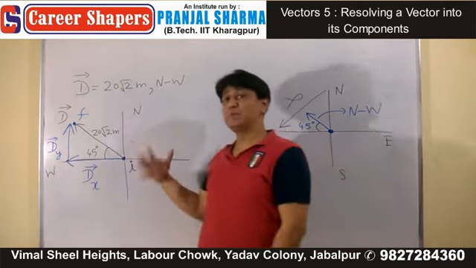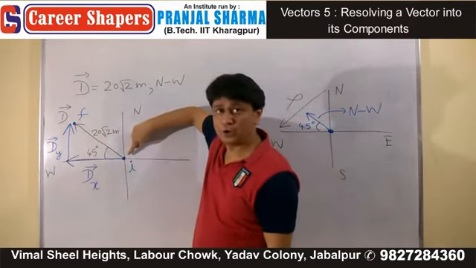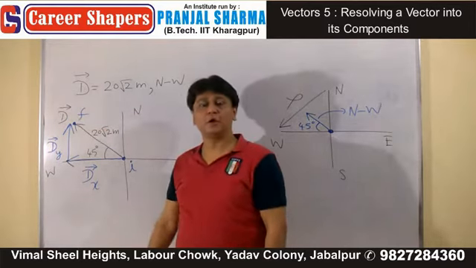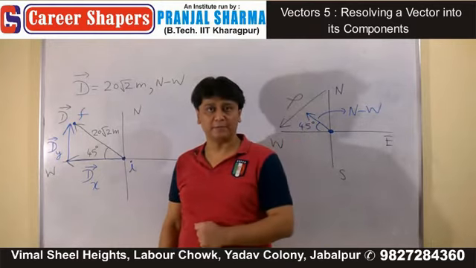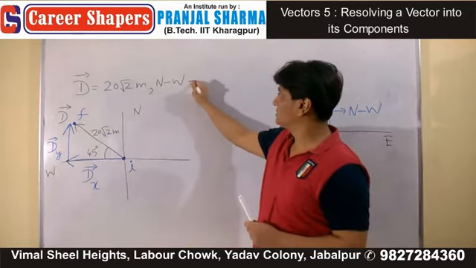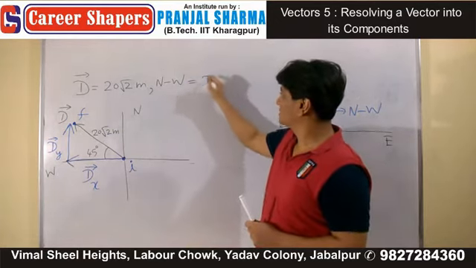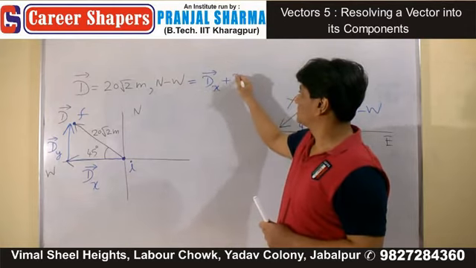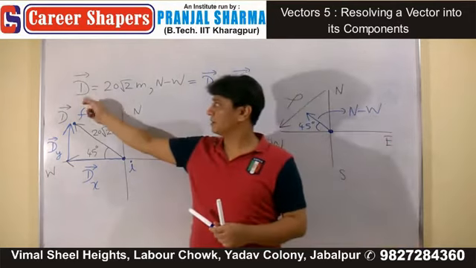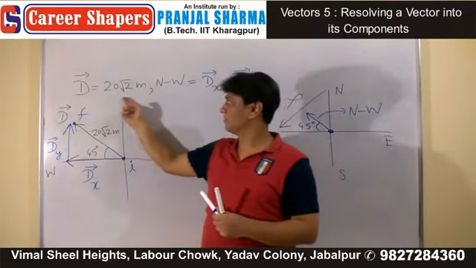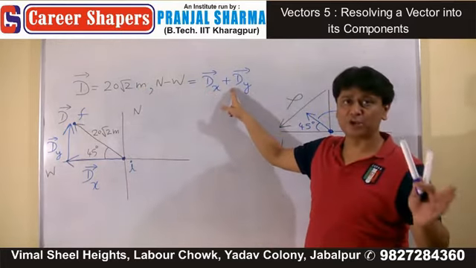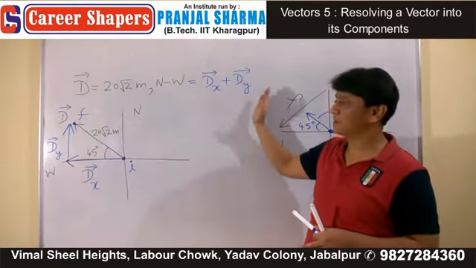That means if you follow the black path or the blue path, your destination is the same. Therefore, this D is the same as dx plus dy. Either give the command D in this form or break the command into two mutually perpendicular directions, dx and dy.